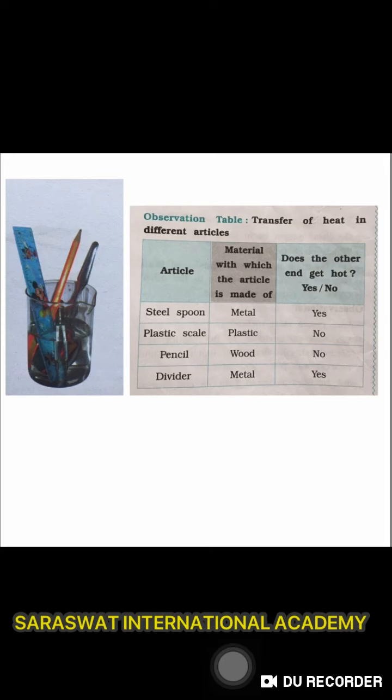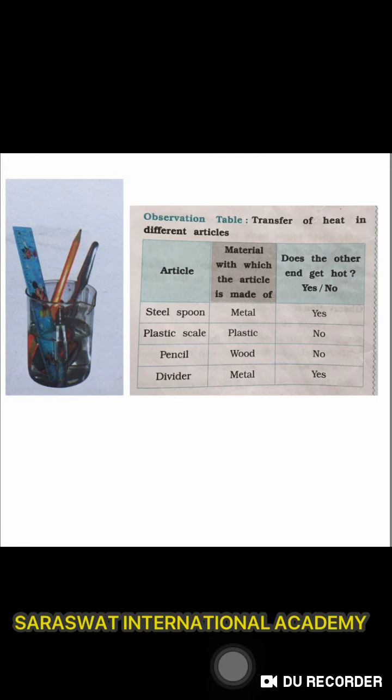Pencil is made of wood. So this also does not become hot. Divider is made up of metal. It does become hot at the other end. The other end of the steel spoon and divider becomes hot while that of the plastic scale and pencil does not.